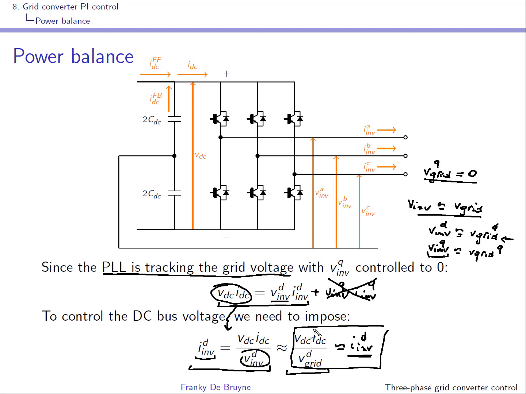You take the power on the DC side and divide by the D component of the grid. For a grid coupling, you know what this D component is. By definition the Q component is 0, and we had seen that the D component was simply 230 volts times the square root of 2.